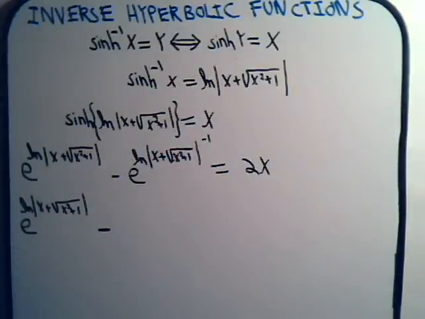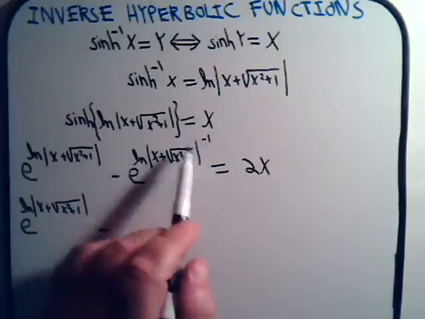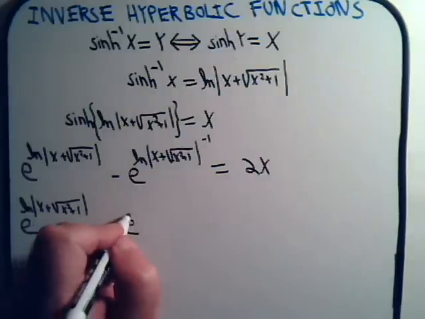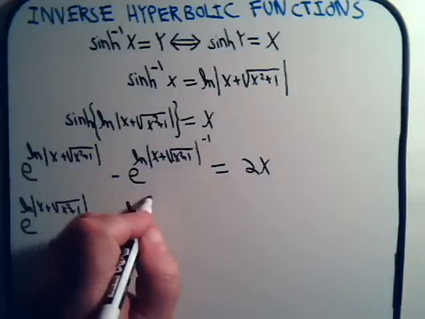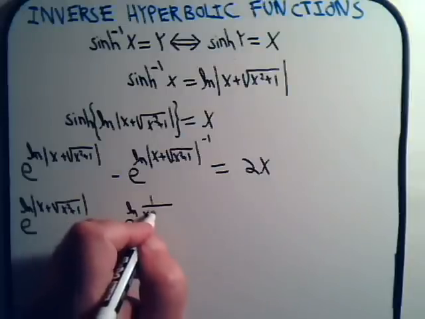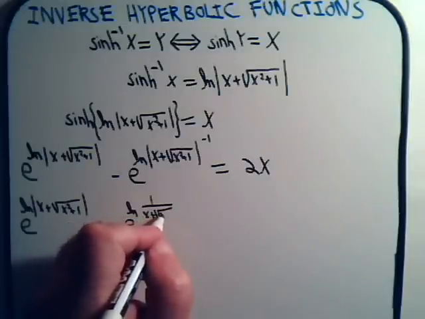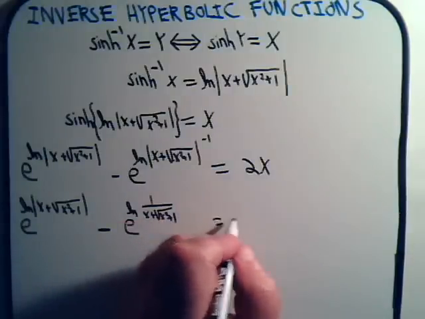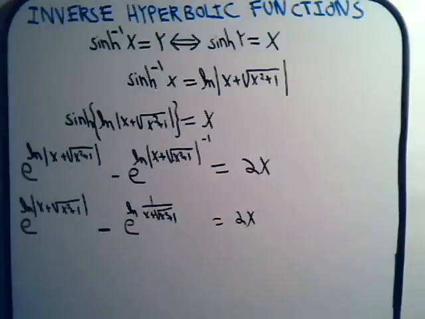That's just a property of logarithms there. And that to the minus 1 would be 1 over this. So we can rewrite this as e to the natural log of 1 over x plus the square root of x squared plus 1. And this should come out to be equal to 2x.